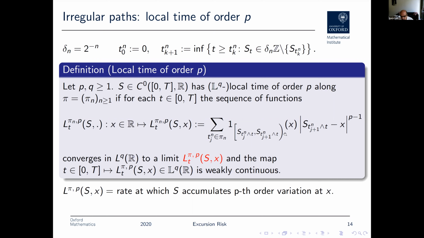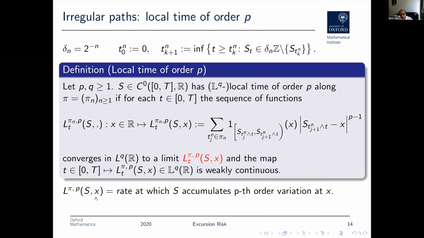If this sequence of functions converges to a limit, we call this limit L^{π,p}_T, and the p is the same as here. We use the power p minus 1 in the definition. And we will call this limit the local time of order p of the path S computed along this sequence of partitions.